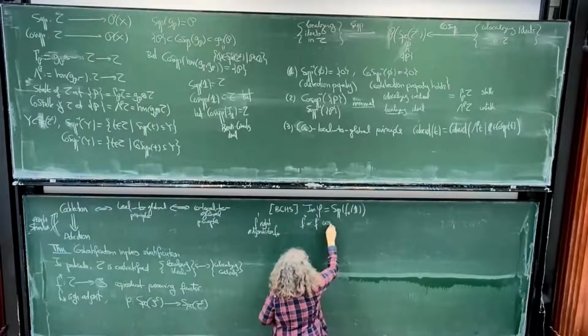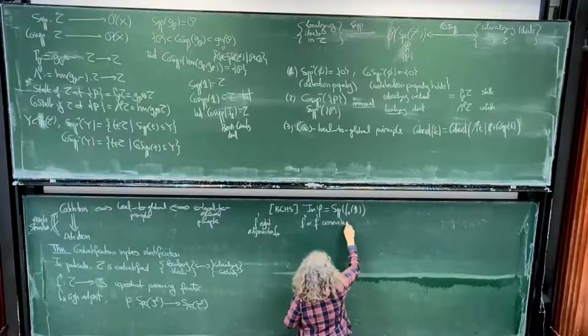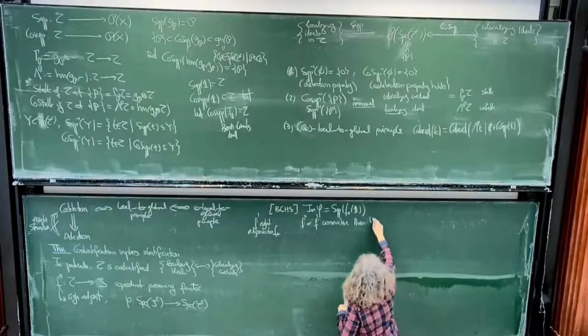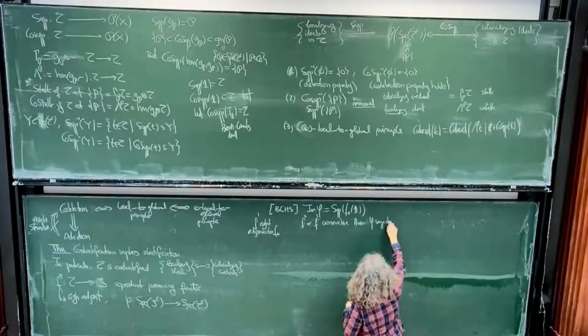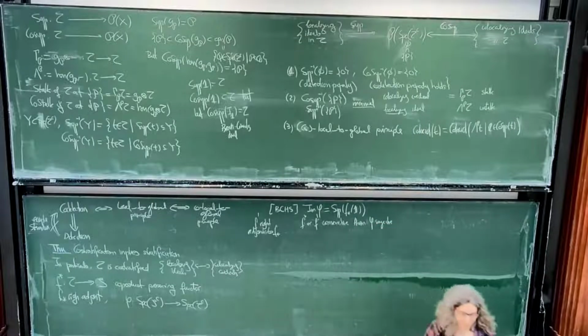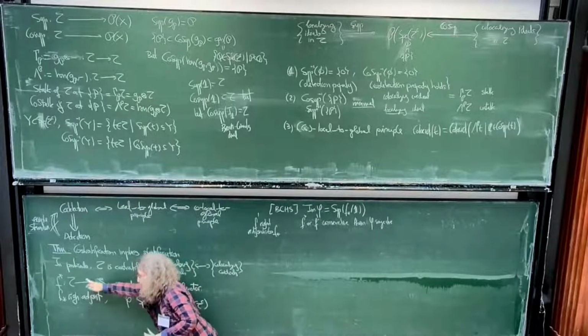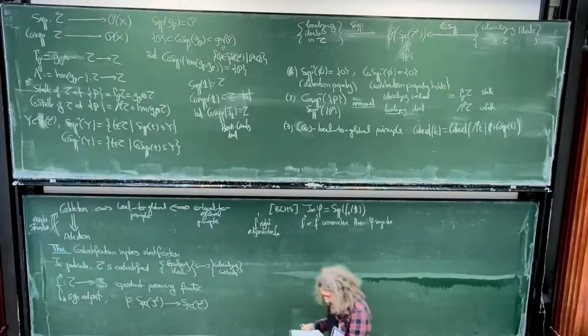So if those are conservative, then this map is surjective. This is the map on spectra, and you can get information about these from the properties of the functor.